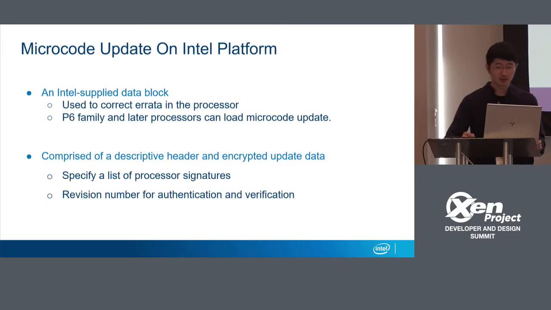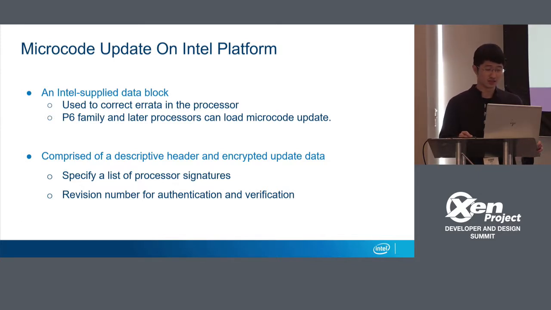So let's give some basic concepts of microcode update on the Intel platform. Basically, a microcode update is an Intel supplied data block. There is a low-level executable binary inside it, and it is always used to correct errata in the processor.